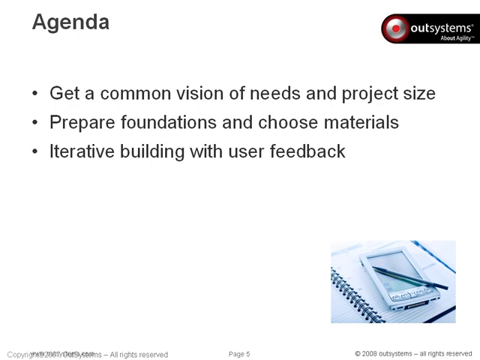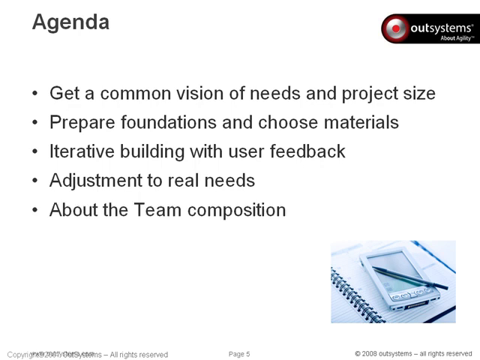Next, we'll see an iterative building process that regularly integrates user feedback and makes adjustments to meet real needs, respecting the budget and the deadline. We also need to discuss team composition and roles, and finally wrap up what you learned.